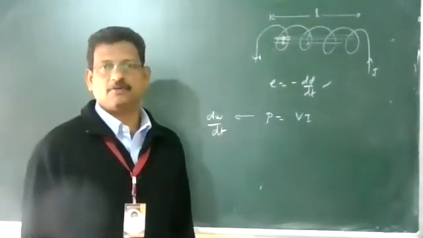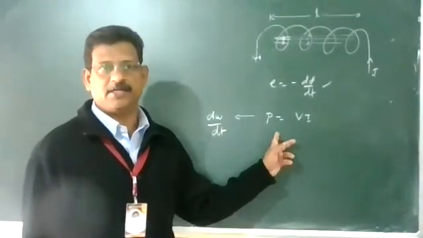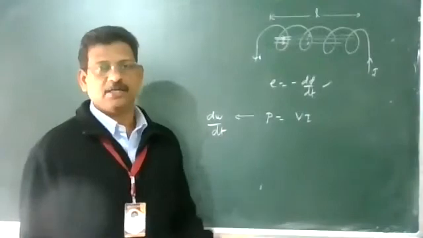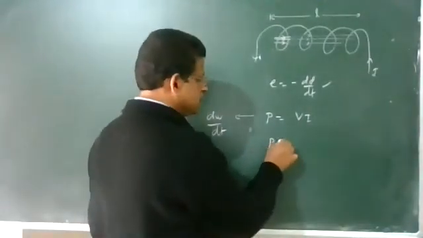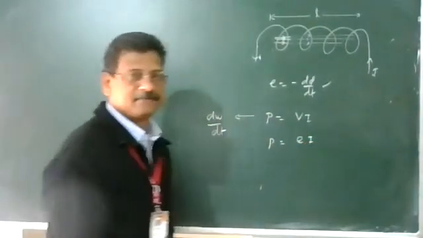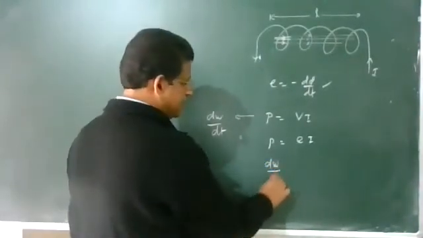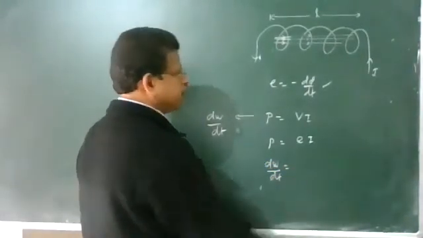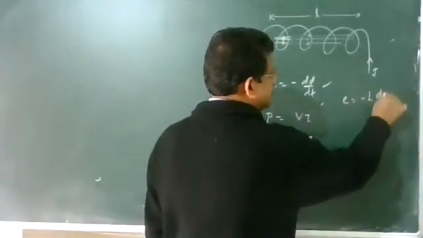The rate of doing work is given by the power delivered by the device, which is equal to V into I. So here, instead of V, I can put the value E. So it is E into I. So this is dW by dt, the rate of doing work. The value of E we can also write in terms of L: it is minus L di by dt.